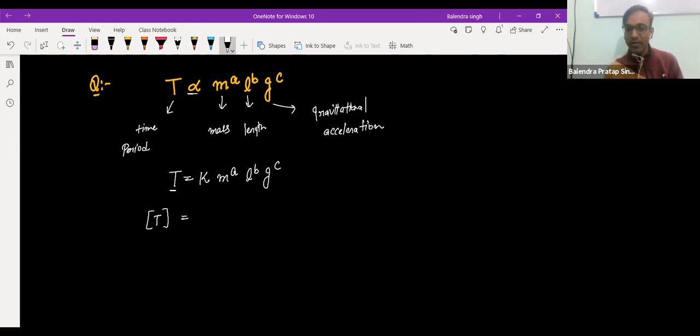We don't have any use of magnitude in dimensional analysis. Now capital M, m is mass, so the dimensional representation of mass is capital M, M raised to the power a. And here L is the length.